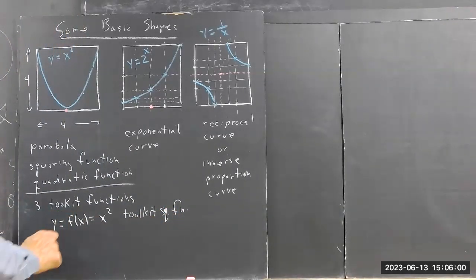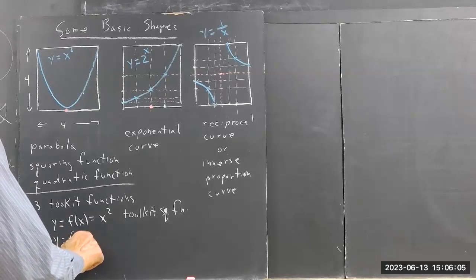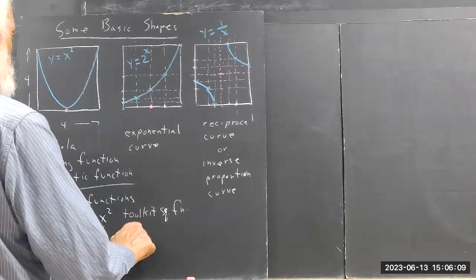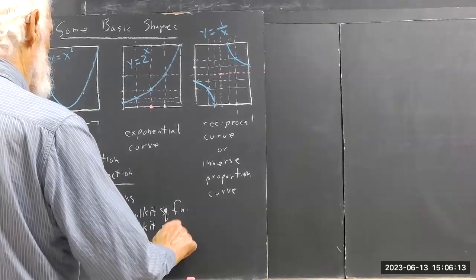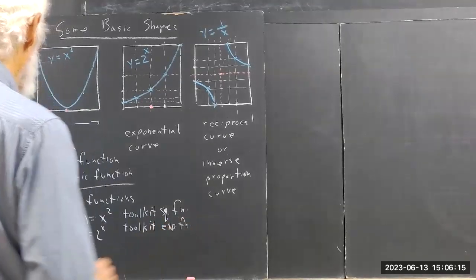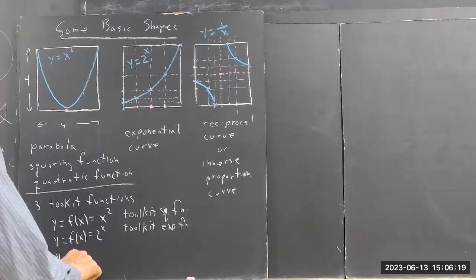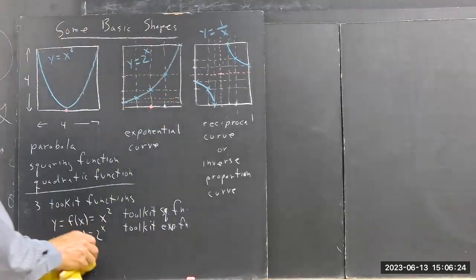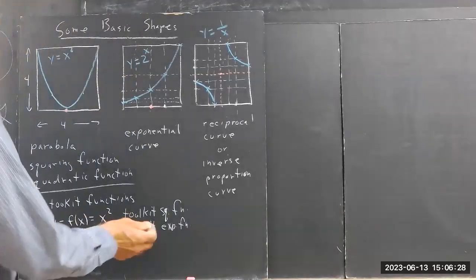Okay, and then if we're talking about the exponential function, this is your toolkit exponential function. And finally, if we're talking about the reciprocal function, and we want to be consistent, call it f of x also, we don't want to use 2.